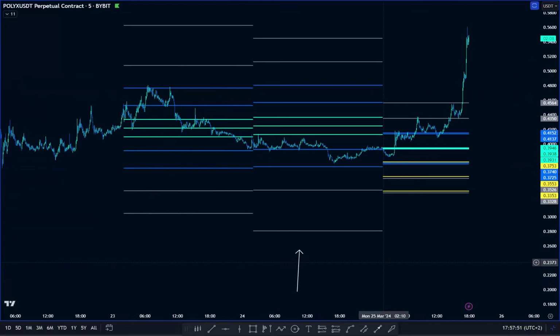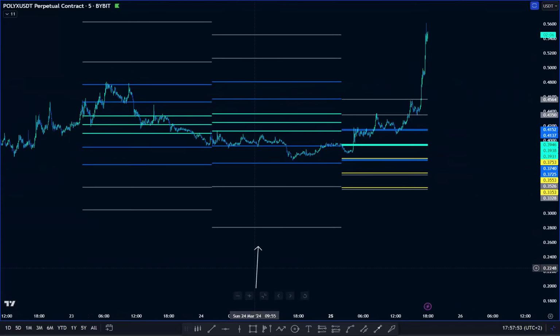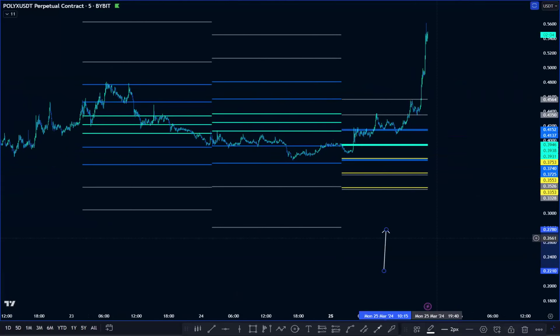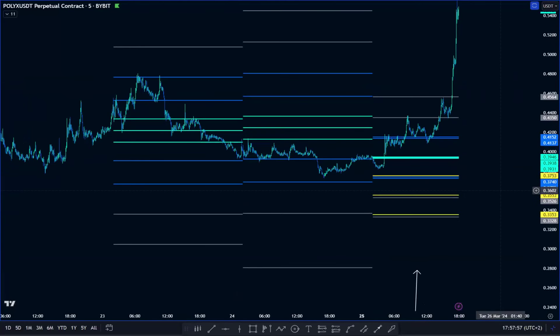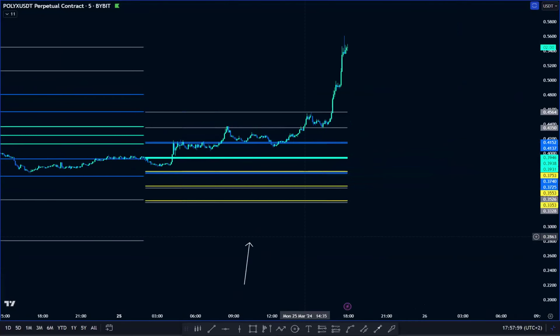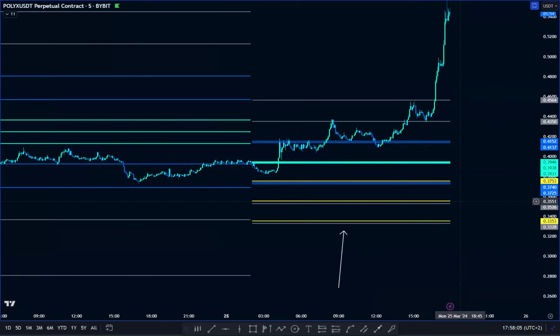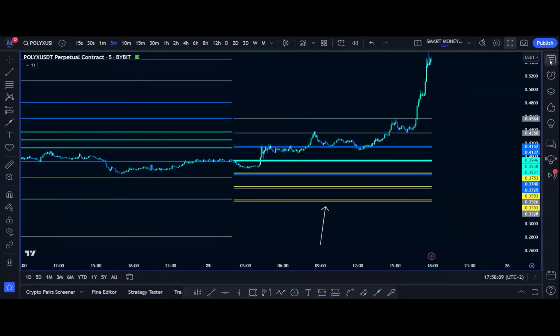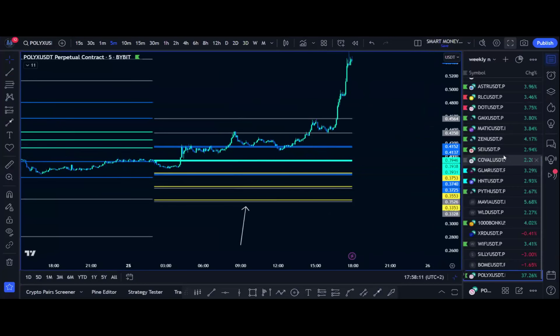This one, you can see it's still super messy, but then all of a sudden this day starts and you've got this tight, perfect looking pivot. And in this example, it's great because it's above the weekly as well. And then it just rockets. So these narrow pivots really do let us know what is going to happen for that day. It's not always 100%, but it's pretty much like 85% accurate.